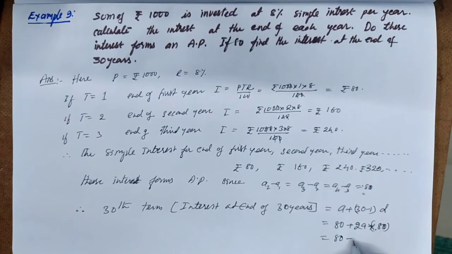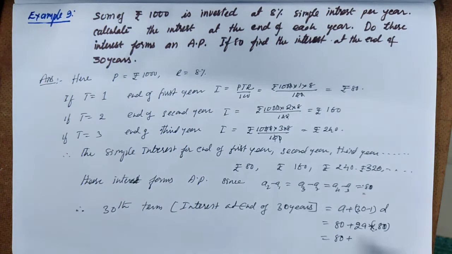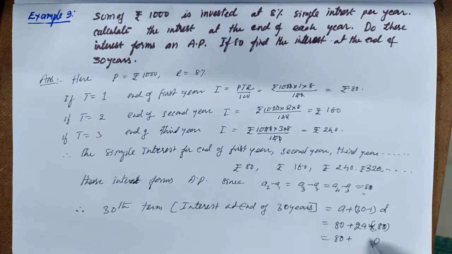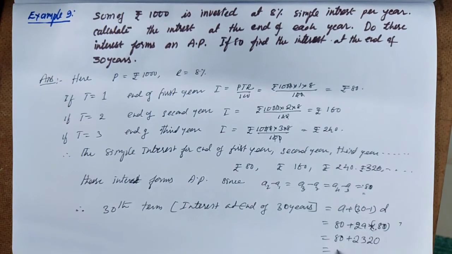So 80 plus 29 into 80: 9 eights are 72, 2 eights are 16, 16 plus 7 is 23, so 2320, which is added to 80 gives 2400 rupees.